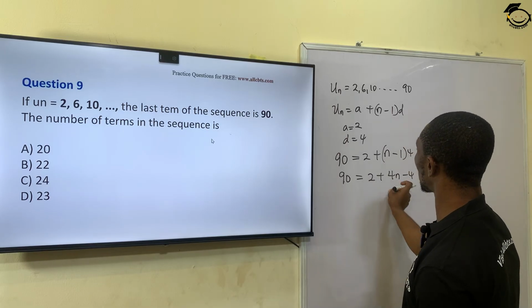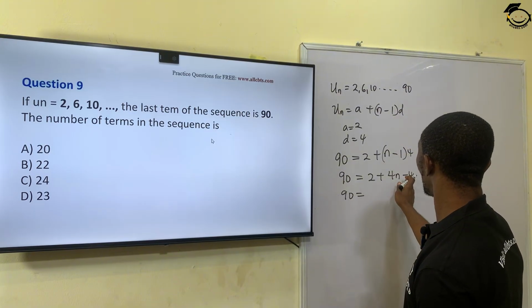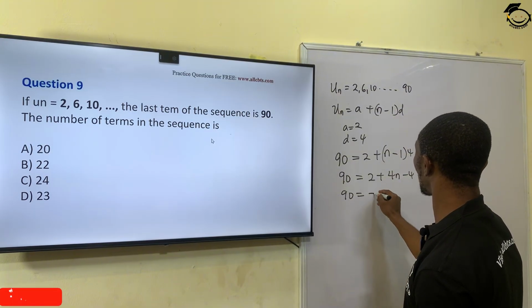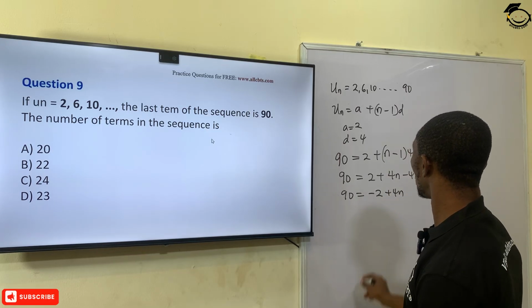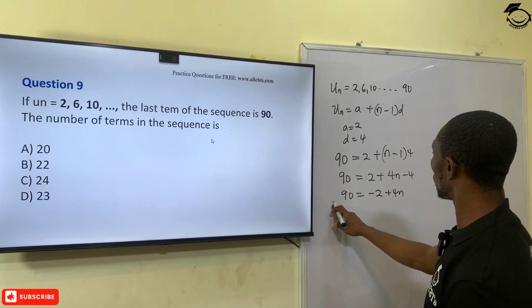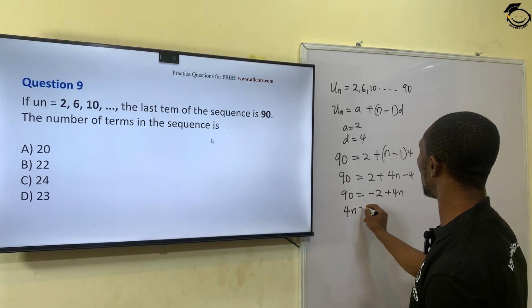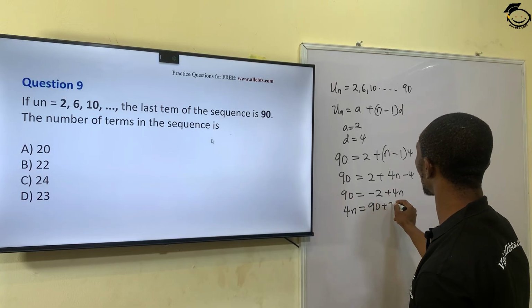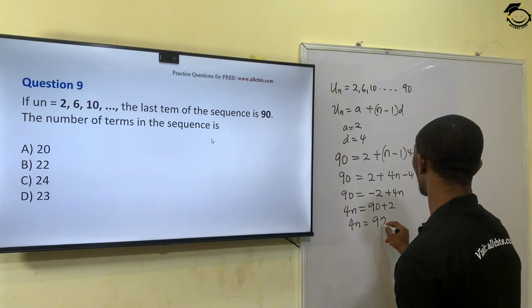Collecting our like terms here, we have 90 equals 2 minus 4, which will give us minus 2, plus 4n. Alright, so moving our 2 over to this side, this becomes 4n equals 90 plus 2. So 4n equals 92.